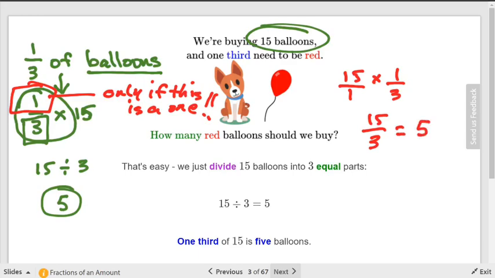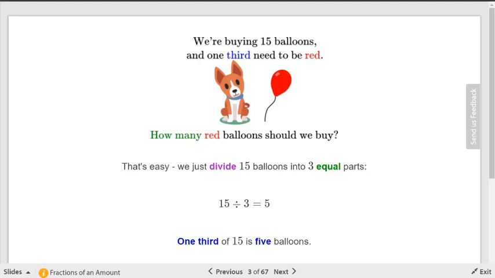Which is 5. So, you've multiplied fractions before, right? This should be review to you. You may not like it. You may not have done it well, but you've seen it before. We're gonna stick with this part of a number way of doing it right now.